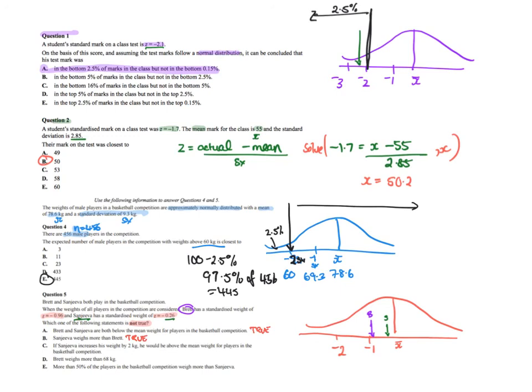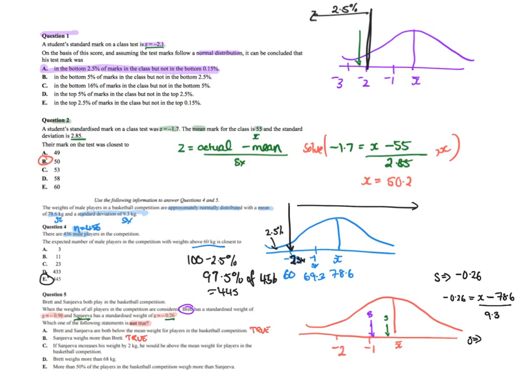So what we want to do is see how these questions are related, so we can actually find Sanjeev's weight if we want to, because Sanjeev has a Z score of negative 0.26. So I could go negative 0.26 equals his actual minus the mean, which was 78.6, divided by the standard deviation. So I could actually find out what Sanjeev's weight is by solving that.